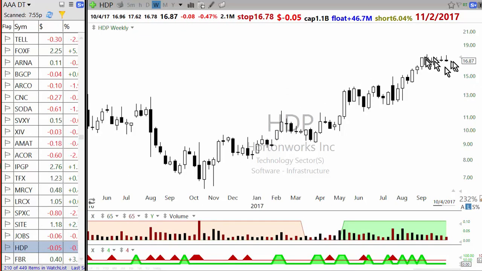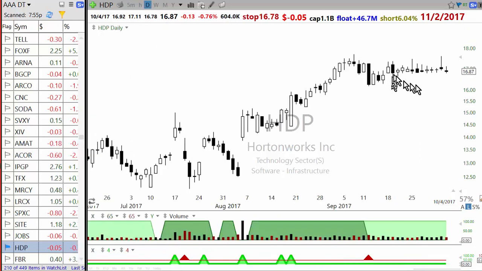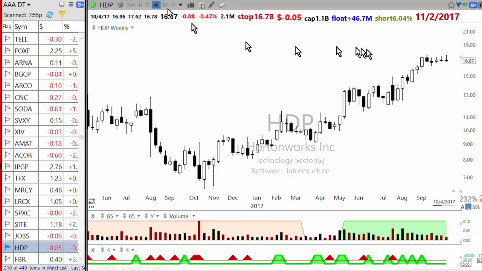SDP, see here. So let's go and see it on a daily. Guess what? It's also in your daily setup, right? Because on weekly also it looks nice.